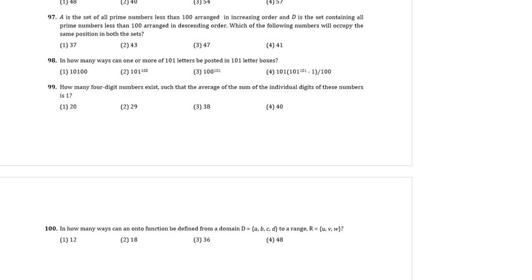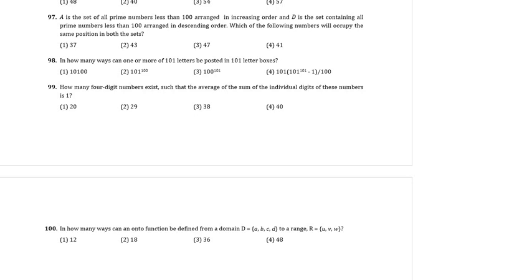This is common knowledge. And two, when I take a set and I arrange all these numbers in ascending order, especially if the set has an odd number of items, like we said here, 25 prime numbers, then if I arrange it in either ascending or descending order, only the middle term will remain constant.